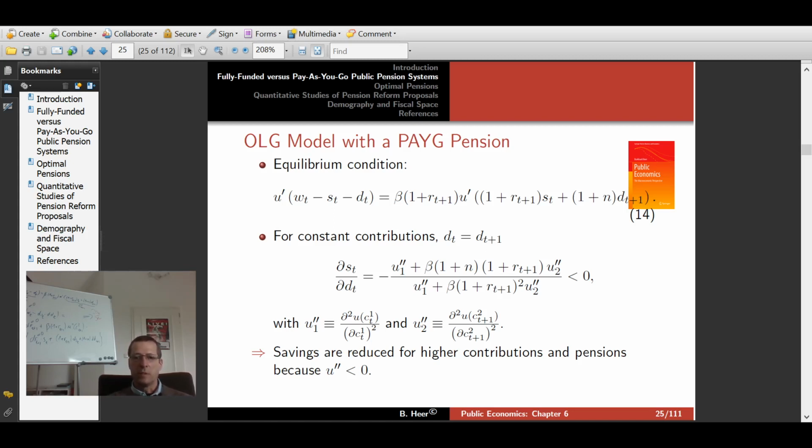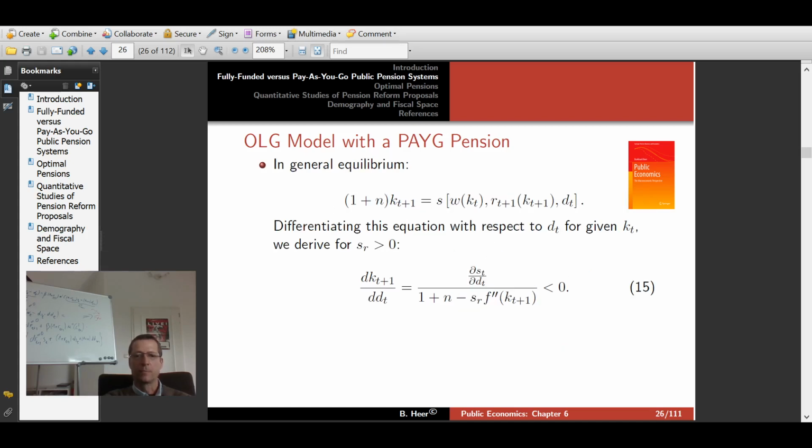This equation has a definite sign and it's negative. So if our contributions to the pension system go up, our savings decline. This is proven for constant wages and constant real interest rates.